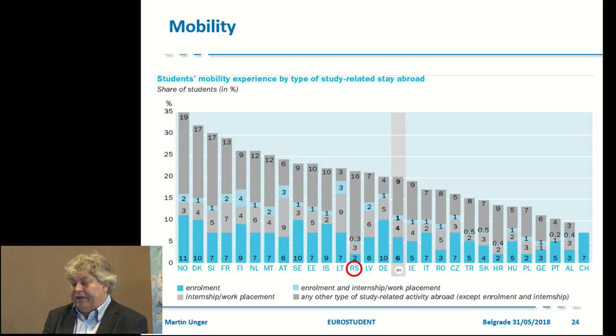But we also have any other type of study-related activities. We mean doing research, for example, for your master thesis, going for a language class, if it is related to your studies, and things like that. So we see in Serbia 2%, and explaining this, it is a survey of students, so that is not the final mobility rate.